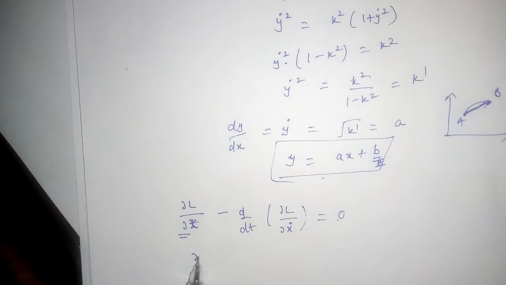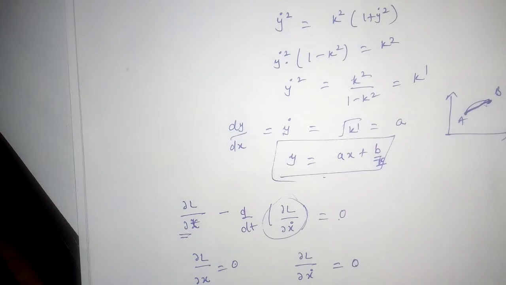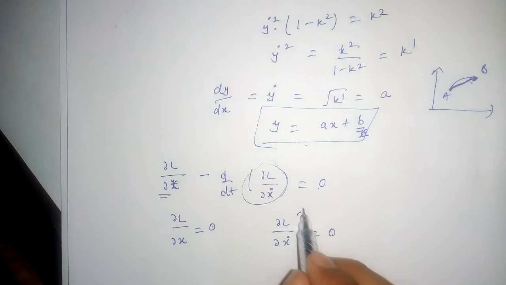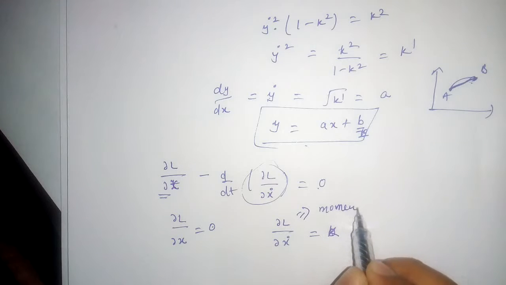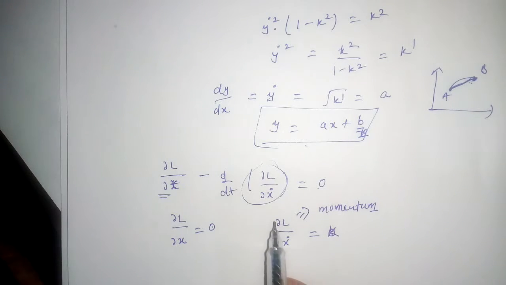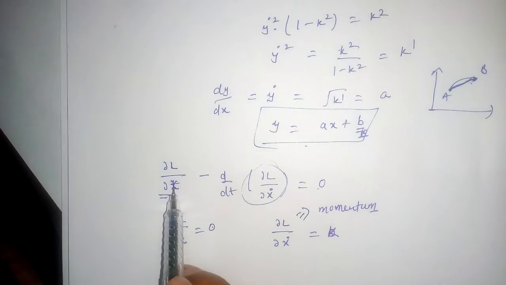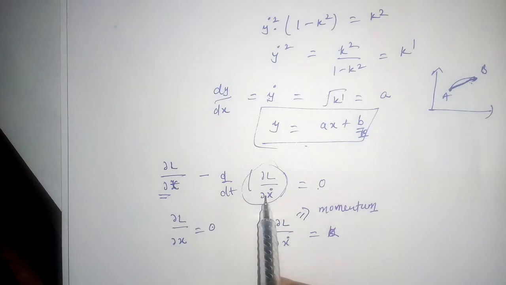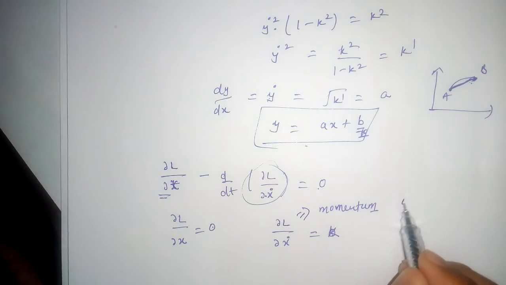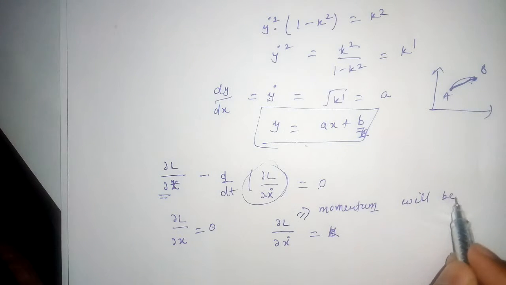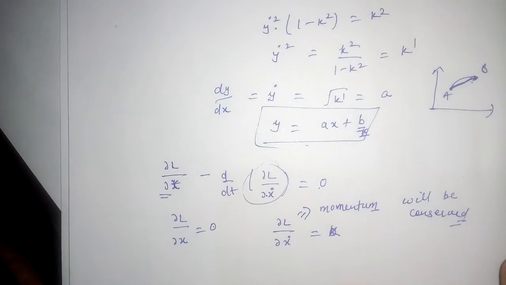If this parameter is 0, then this parameter will be a constant, and what we call it is momentum, a constant momentum. So we can say that if the Lagrangian explicitly does not depend on that variable, then its momentum will be conserved, or we can say constant.